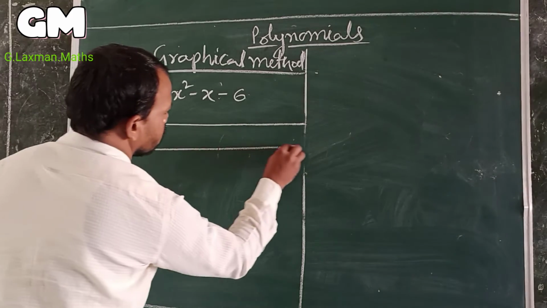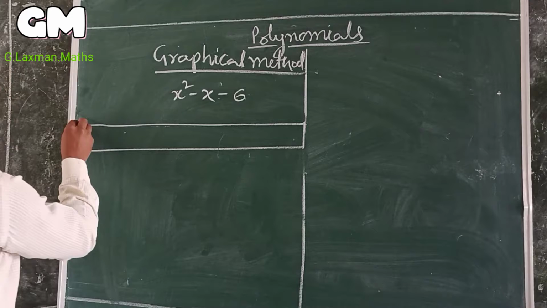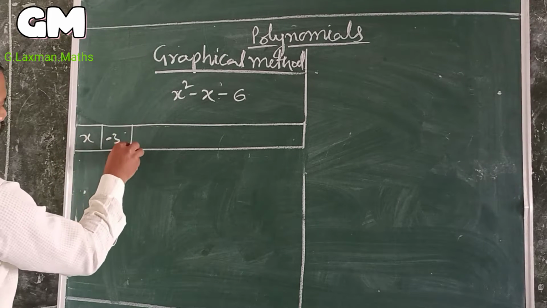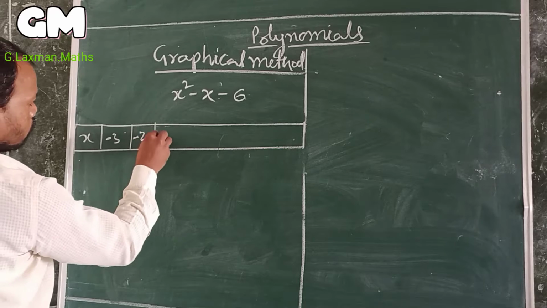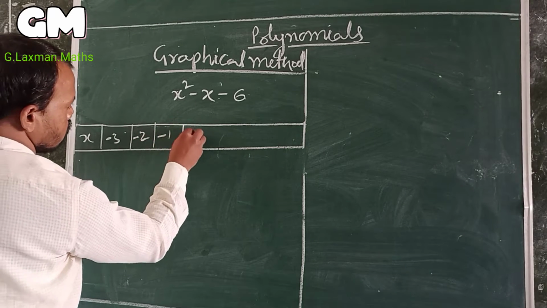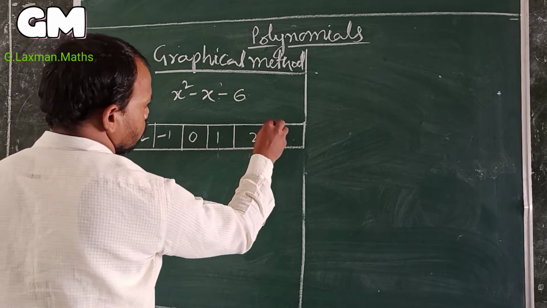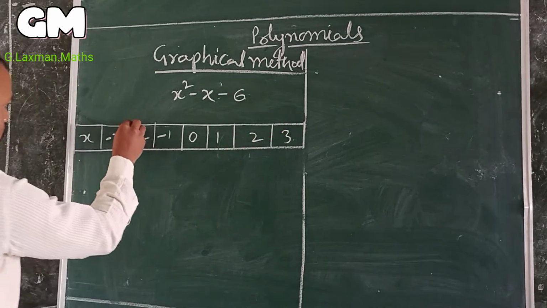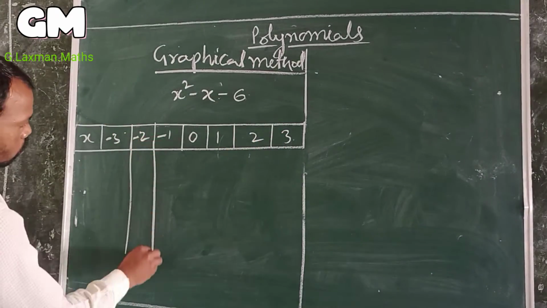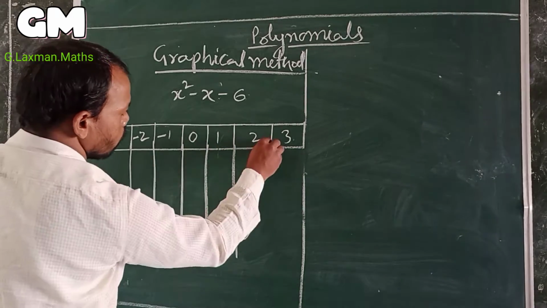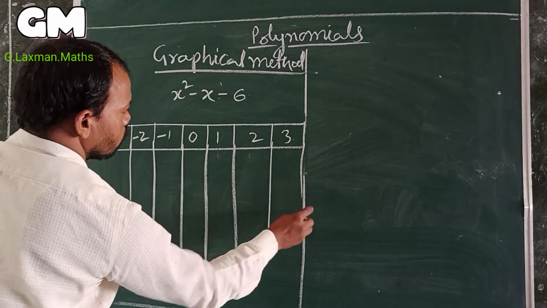Let us assume the values for x as minus 3, minus 2, minus 1, 0, 1, 2 and 3. From 0, we take 3 negative values on the left side and 3 positive values on the right side.